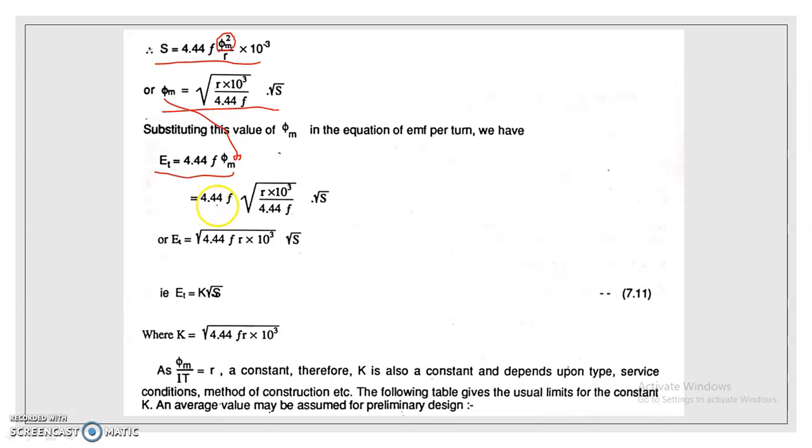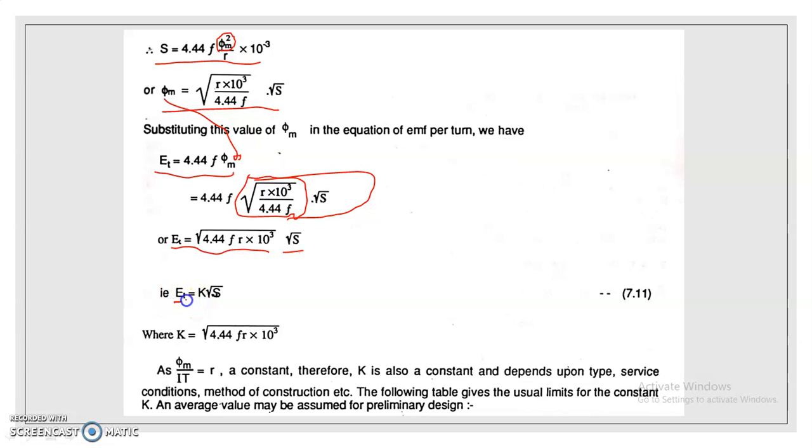Simplify it, and finally you will get ET, that is EMF per turn, is equal to root of 4.44 f into R into 10 raised to 3 into root S. S is nothing but the kVA rating of the transformer.